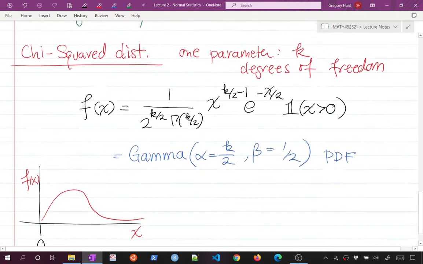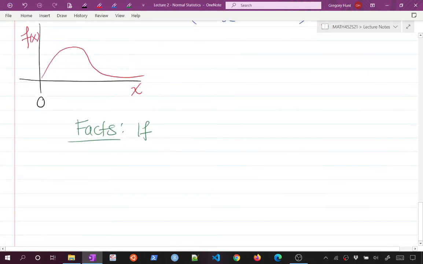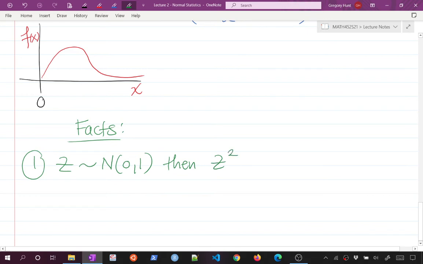Apparently it's an important distribution because it is related to s squared, our sample variance. Fact number 1: if I have a random variable z that has a standard normal distribution, then z squared has a chi-squared distribution with 1 degree of freedom.